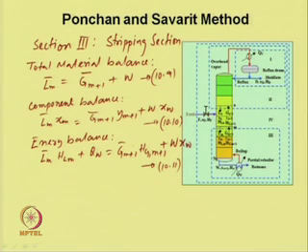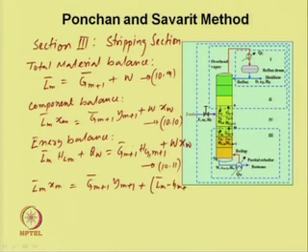This is 10.11. Now, from the total material balance equation, if we put W is equal to L_m bar minus G_(m+1) bar, then we will have L_m bar x_m is equal to G_(m+1) bar y_(m+1) plus (L_m bar minus G_(m+1) bar) into x_w.